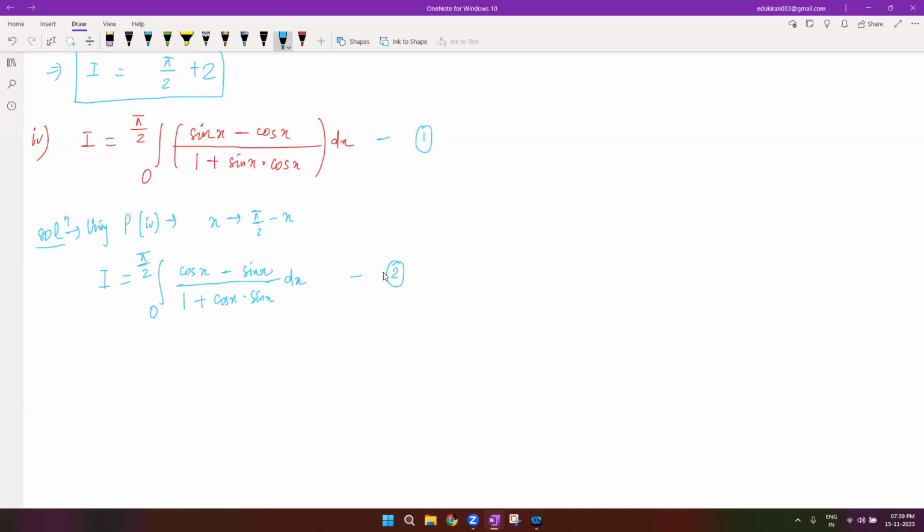Did you guys reach equation 2 first of all? If not, please feel free to ask me. We have just applied property 4, which is change x to a plus b minus x, lower limit plus upper limit minus x.